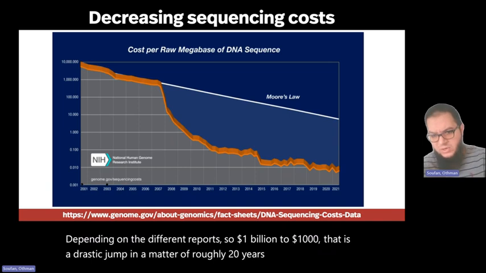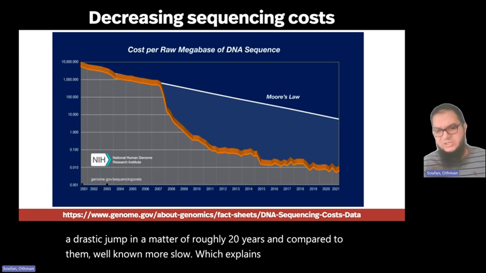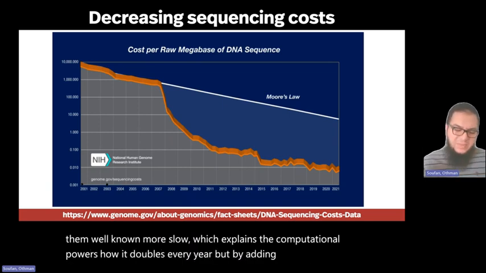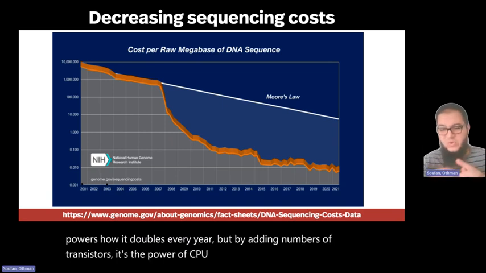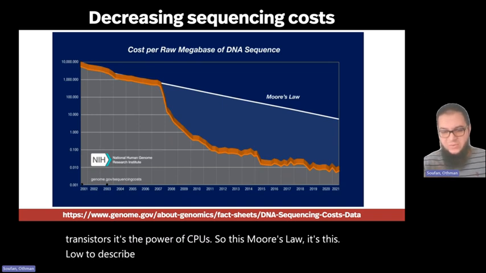And compare that to the well-known Moore's law, which explains how computational power doubles every year by adding numbers of transistors. It's the power of CPUs. So Moore's law describes how our computers are gaining power and processing.